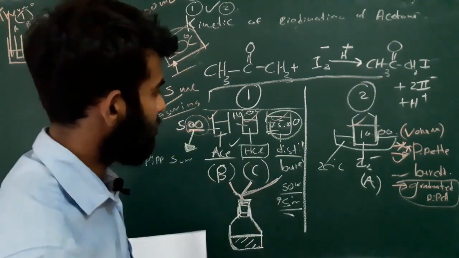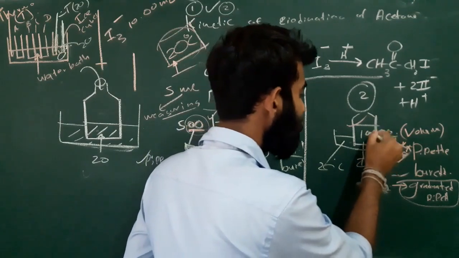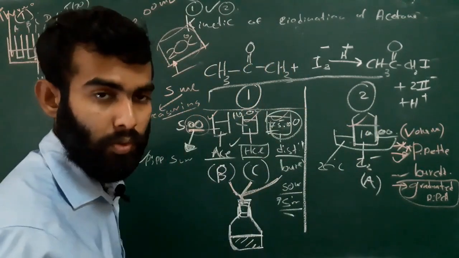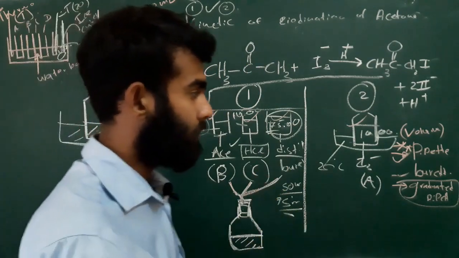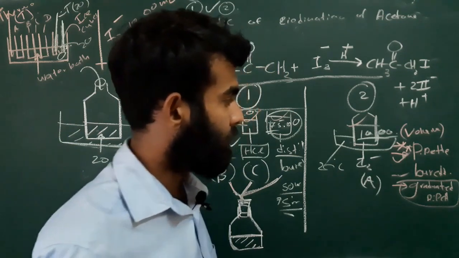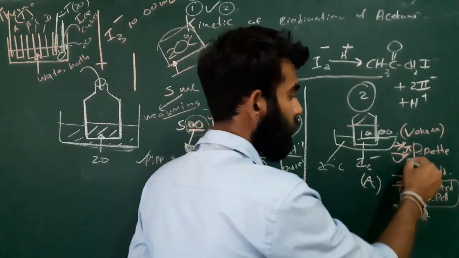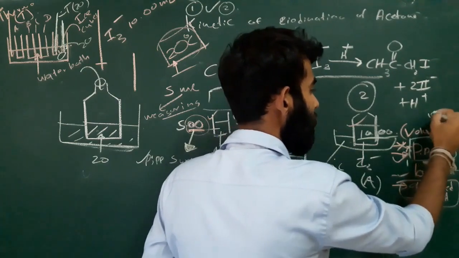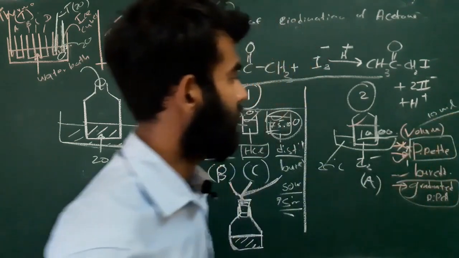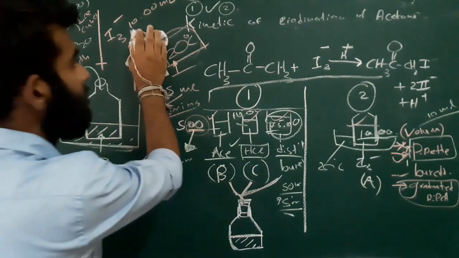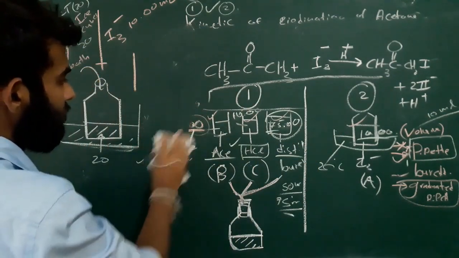After measuring them, we have to add 10.00 ml iodine solution. So to measure this also, we have to use higher accuracy glassware or measuring device. We use a 10 ml pipette. Okay.